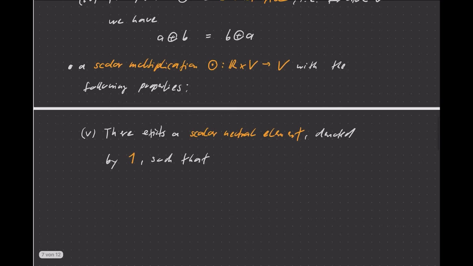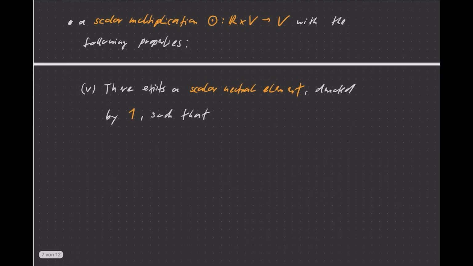Such that the scalar 1 multiplied with any vector doesn't change that vector. That's true for all a in the set V. And of course, in R to the n, that scalar neutral element is just the real number 1.